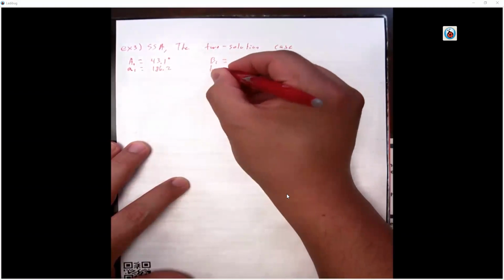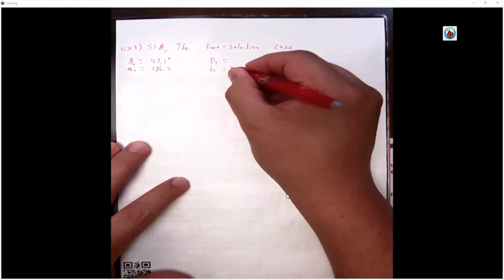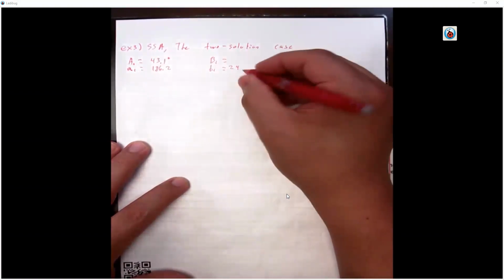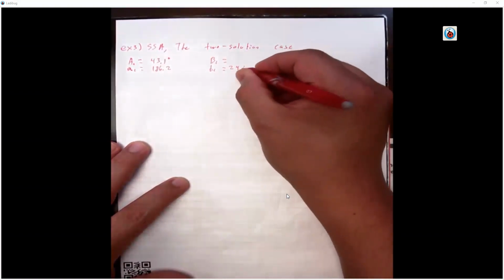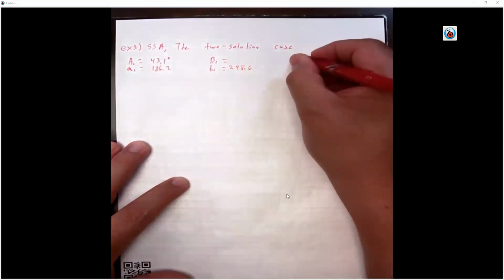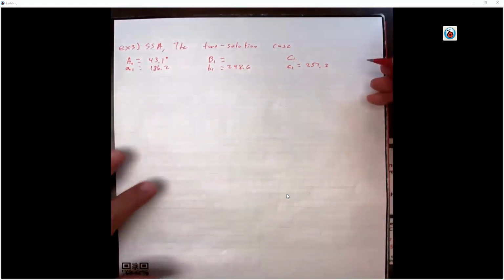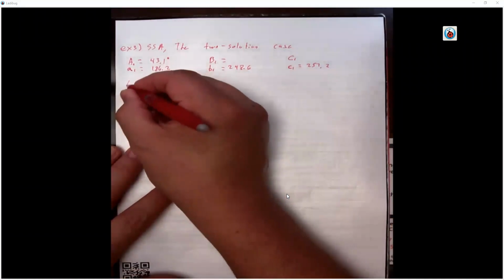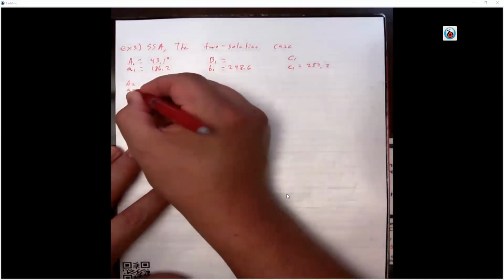Little b1 is 136.2. Capital B1 is 248.6. Capital C1 is not given to us. Little c1 is 257.2.